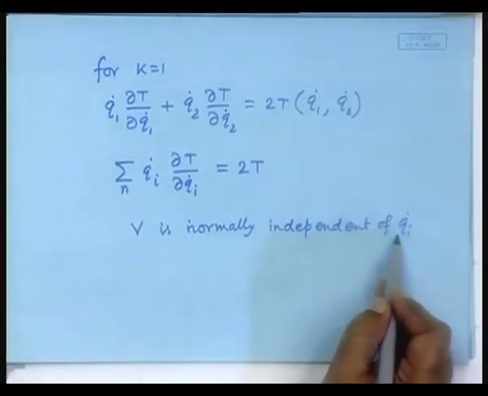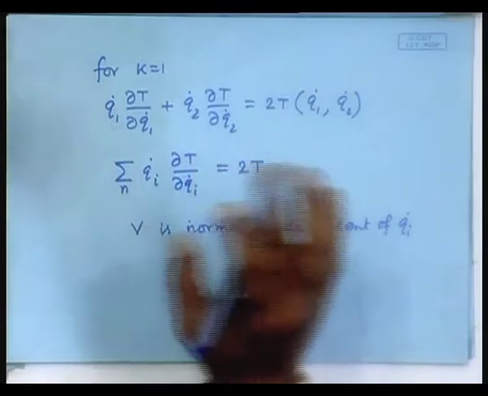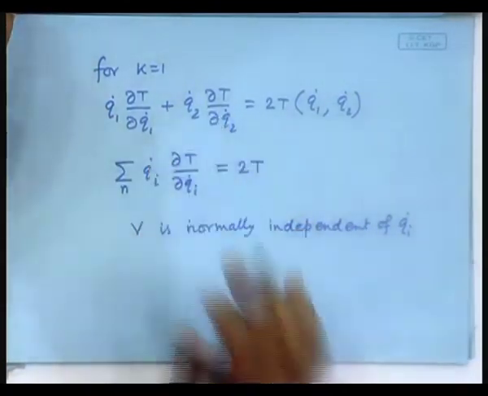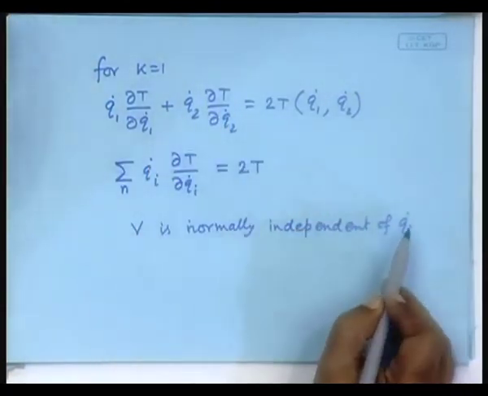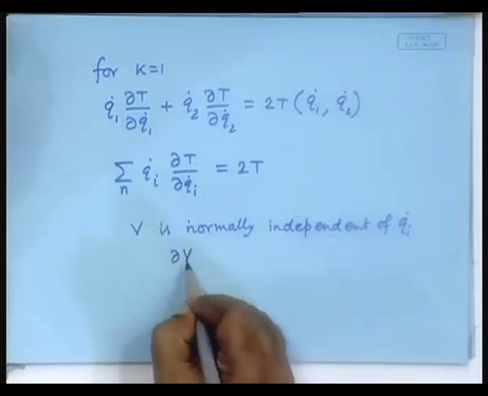We will come across situations where it can be, and in those cases we will have to exercise some caution in deriving the differential equations, but for many systems, most systems, this is true.